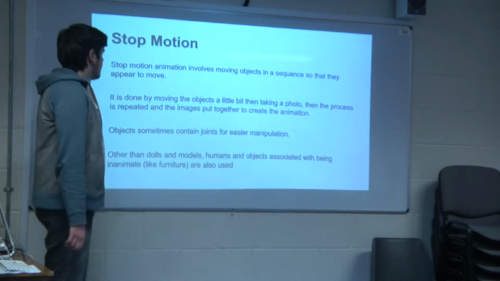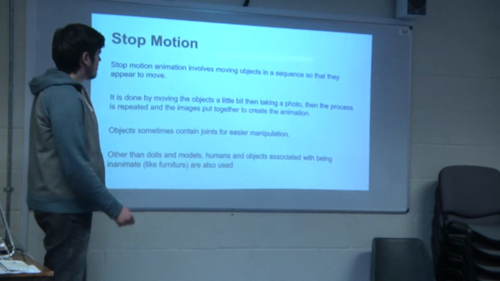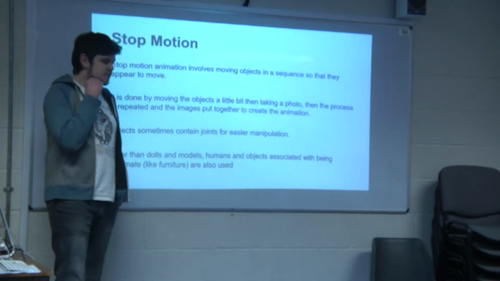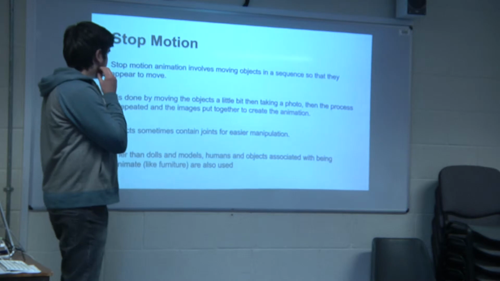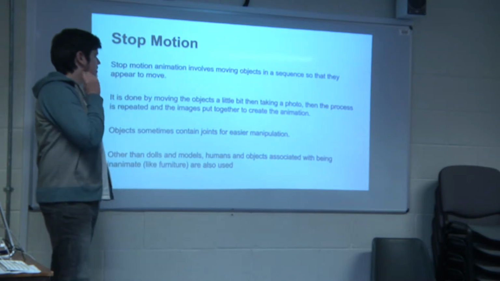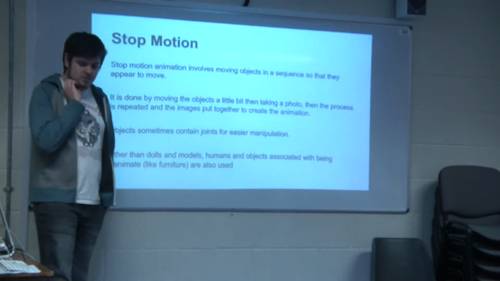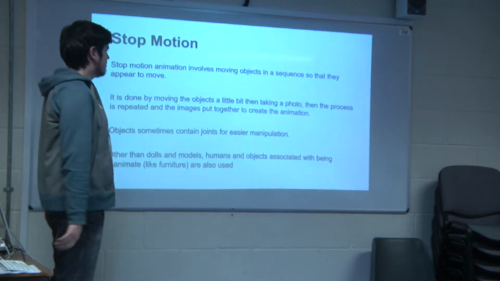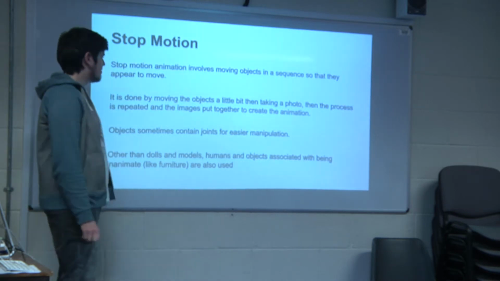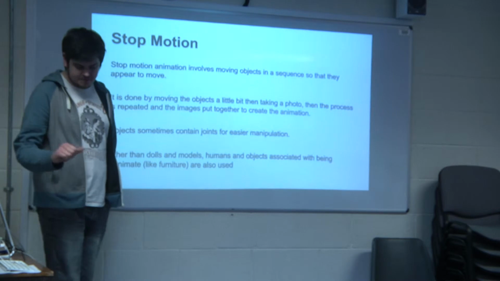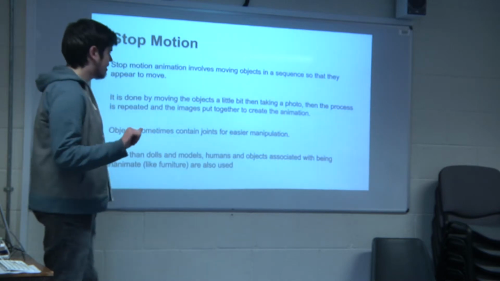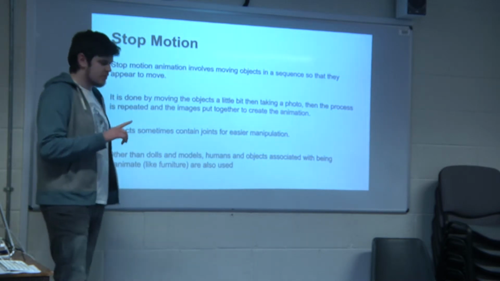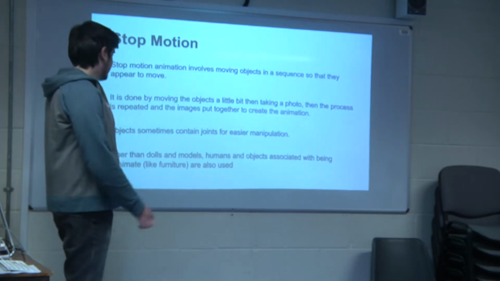Looking at stop motion. Stop motion involves moving objects in sequence so that they appear to move, the inanimate objects, but sometimes humans are involved as well. It's done by moving the objects or props a bit, and then taking a photo and putting all those photos together to make an animation.